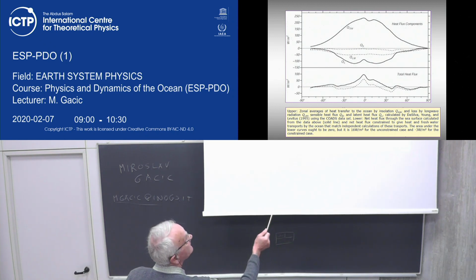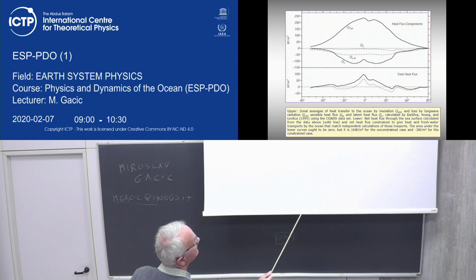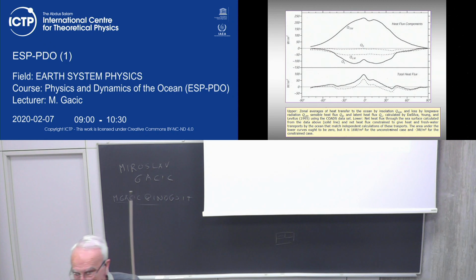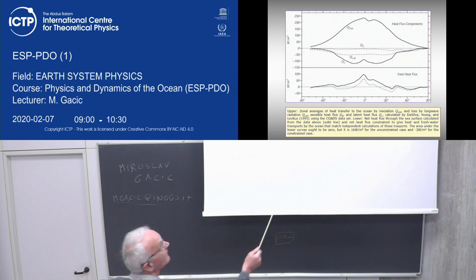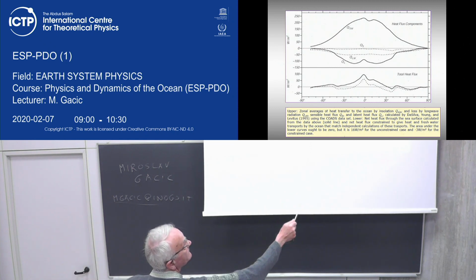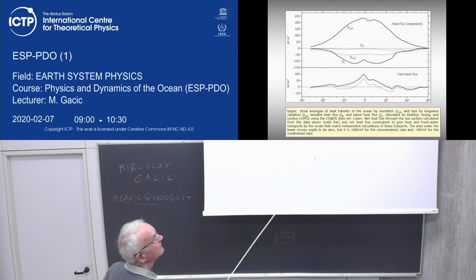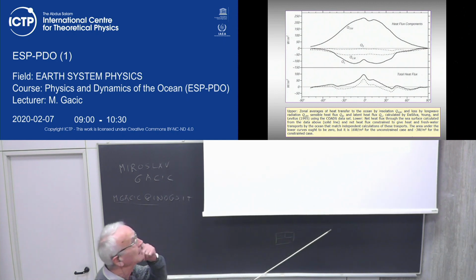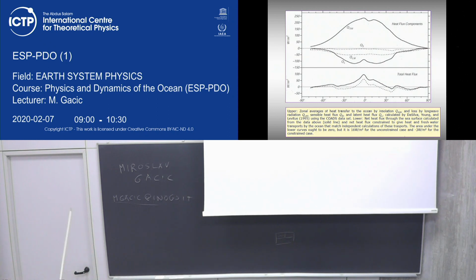Then what we have here is Q latent heat, the latent heat flux, this one here, which shows practically the intensity of evaporation, which is largest in subtropical areas, with the minimum around the equator.